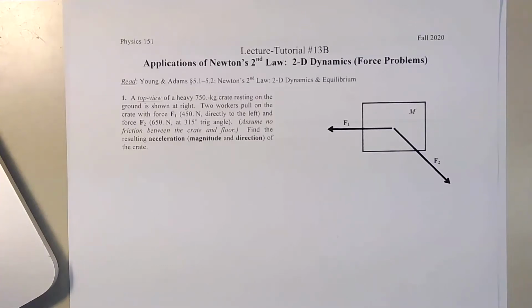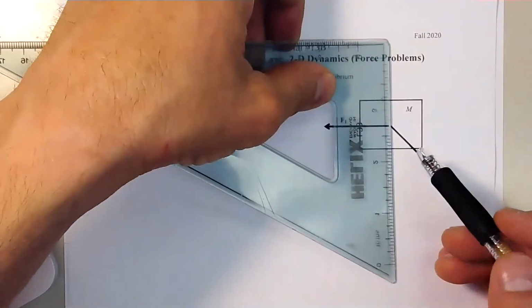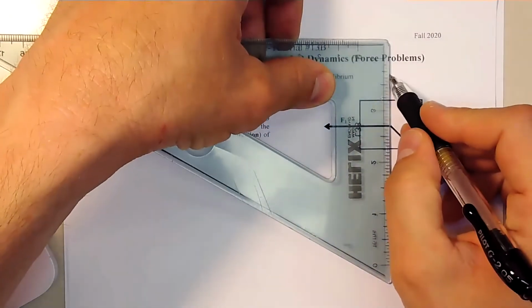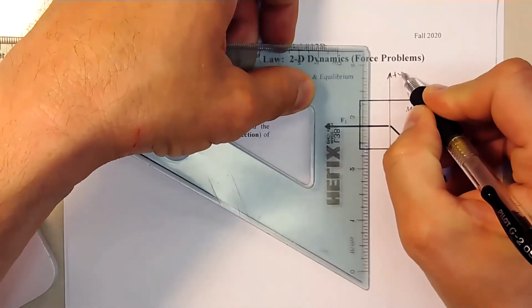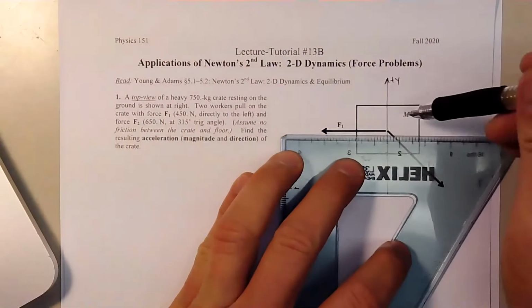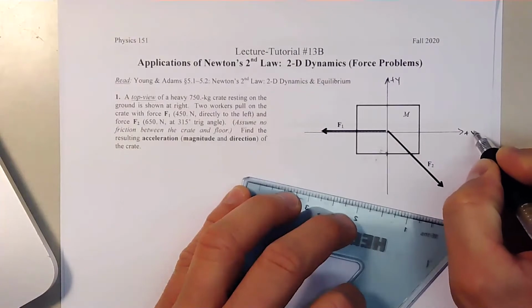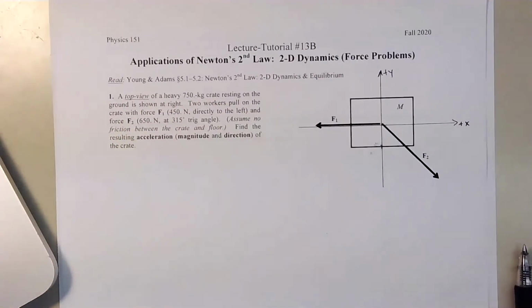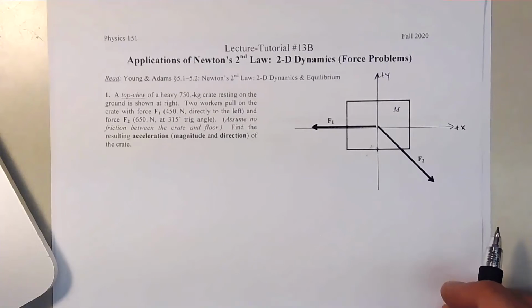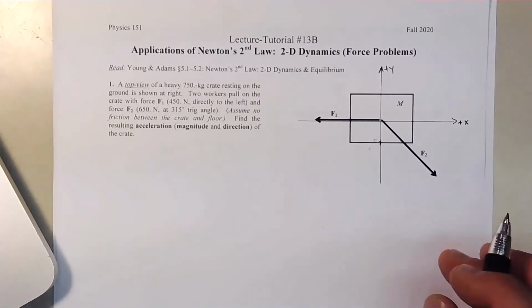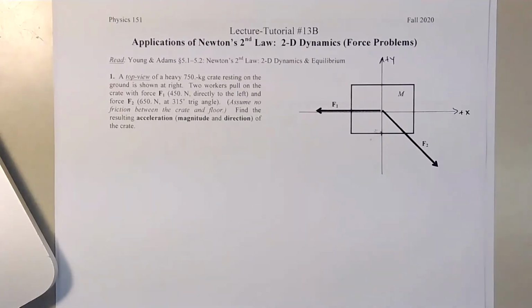But for now, I'm just going to ignore those forces. For our purposes, those lie in the z direction. Let's choose our axes here. So this is the y-axis, and that is the x-axis. I could have drawn this off to the side, but I'll just put it right on top of the problem here. And so the weight and the normal force both lie exactly in the z direction.